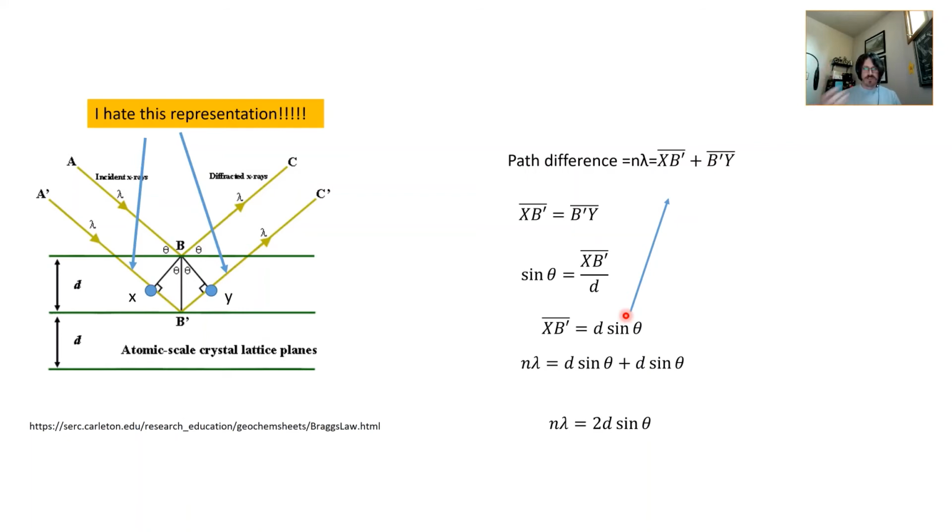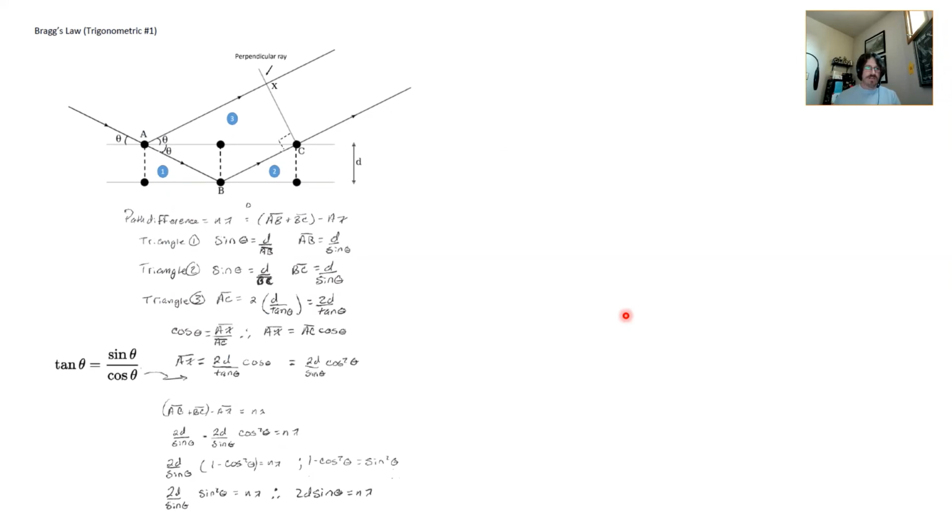They're very similar to the figure in the book that shows the rows of atoms acting like a mirror. And here's one such derivation, and this picture looks very similar to the figure in the book. And you see it's a lot more complex. We have these three triangles that we've derived from this diagram.